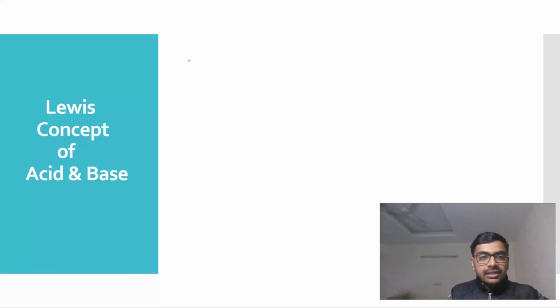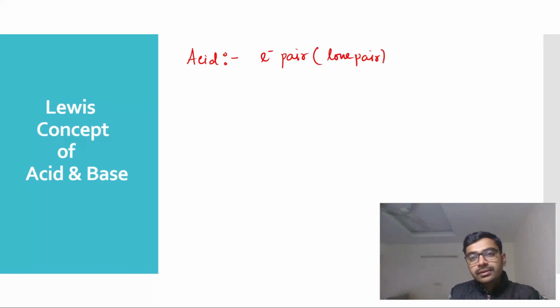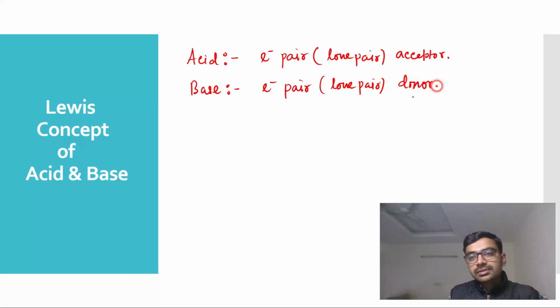Okay, according to this concept, acids are the species which are electron pair, meaning lone pair, acceptors, and bases are the species which are electron pair, that means lone pair, donors. Clear? Now what are examples of this type of acid?